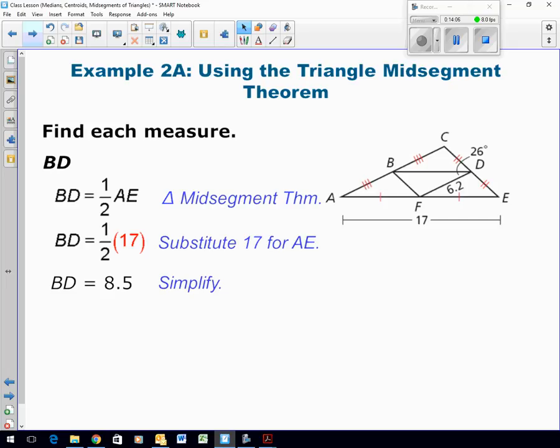These are pretty easy. Y'all check out how easy this can be if you memorize, and not only memorize, but can apply this theorem. You're in great shape. AE is 17. BD and AE are parallel. What would be my distance from B to D?